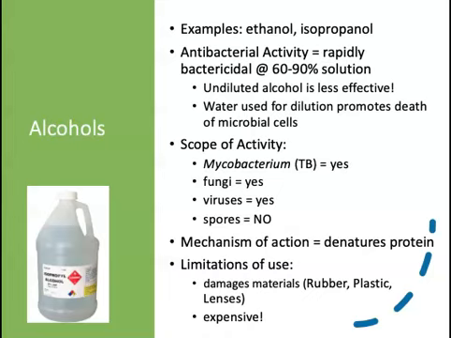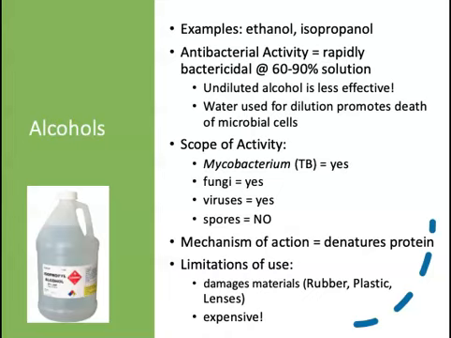So Mycobacterium is often one of the organisms that we are interested in terms of whether or not a chemical disinfectant is effective. When it comes to the alcohols, alcohols will kill this TB-causing organism. They will also kill fungi and viruses, as well as bacteria, as we've said. But it's interesting to note that alcohols are not effective against bacterial spores. Remember, bacterial spores are one of the most difficult things to destroy when it comes to controlling the growth of microbes.